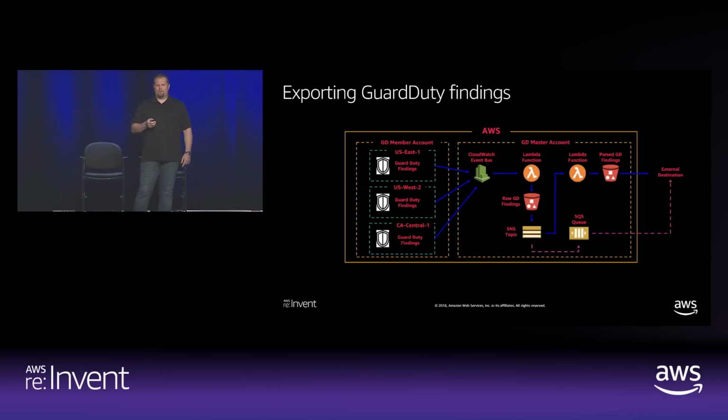And then from there, we're using Lambda to read from the event bus, and it's dumping all the raw JSON GuardDuty findings in an S3 bucket. Those JSON objects might have multiple findings in one object. So once we hit that, we had an SNS topic that's monitoring those object writes.